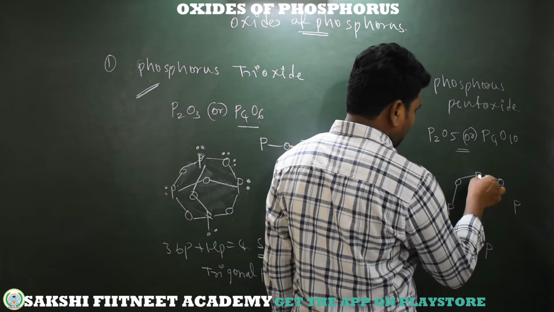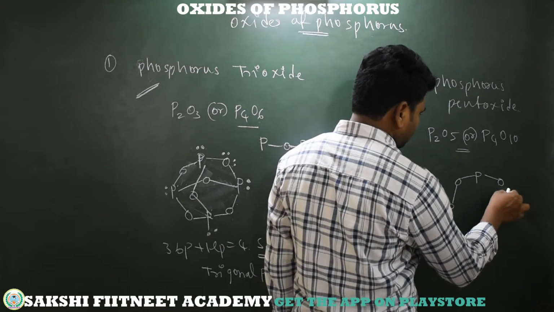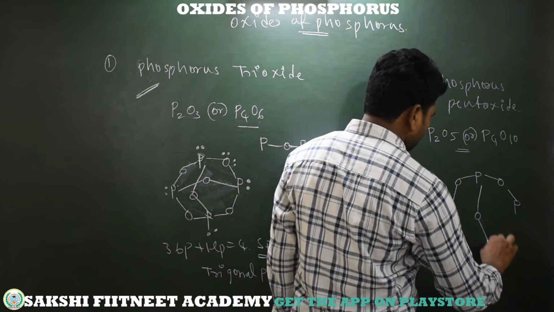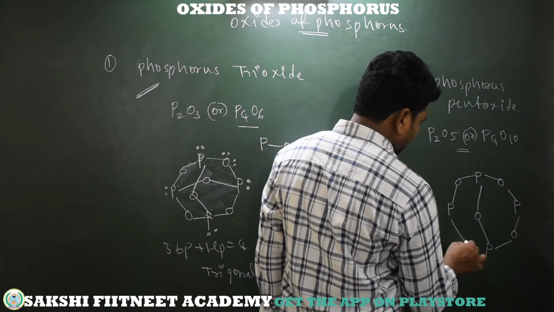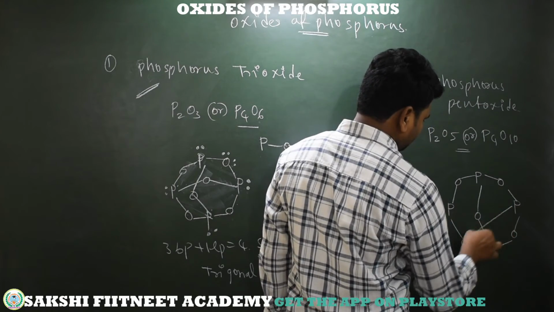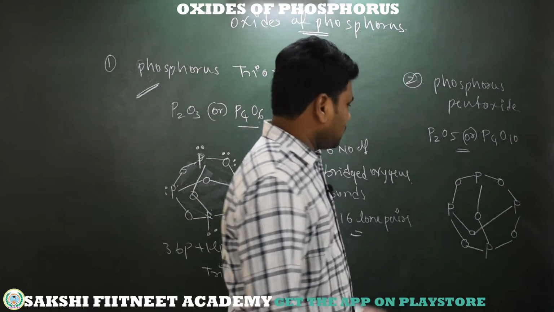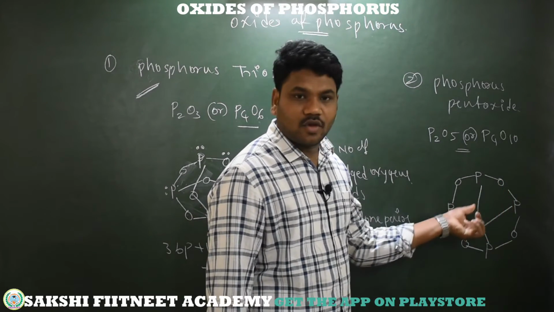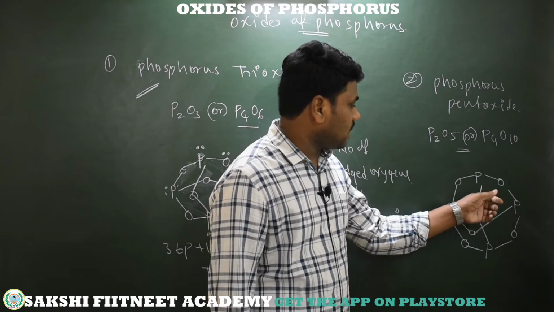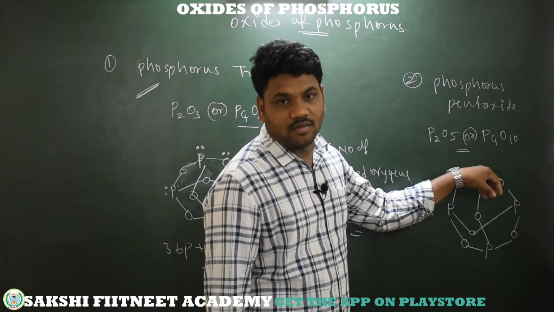This phosphorus with this oxygen, and here with this oxygen. Now, the phosphorus bridging oxygens you can draw directly. Each phosphorus has 3 oxygen bonds, and those oxygens exist as bridging atoms.